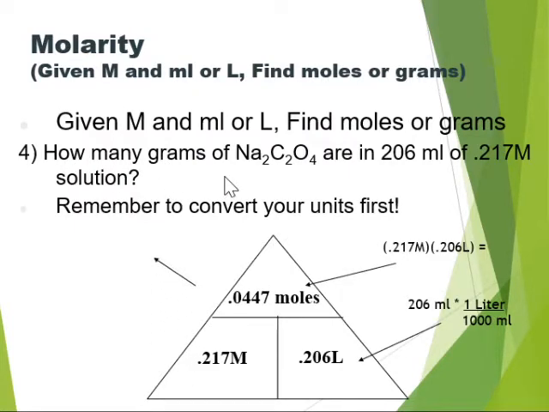So now what we need to do is take our moles and convert them back over to grams. Remember, I said if you start with moles, you need to multiply by your molar mass. So 0.0447 times 134 will get you an answer of 5.99 grams.